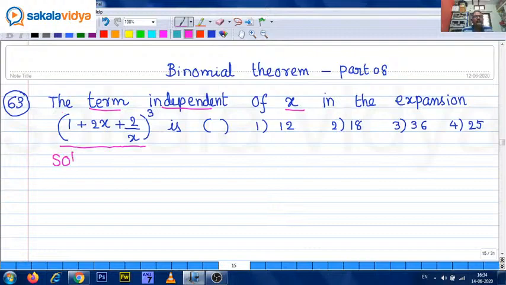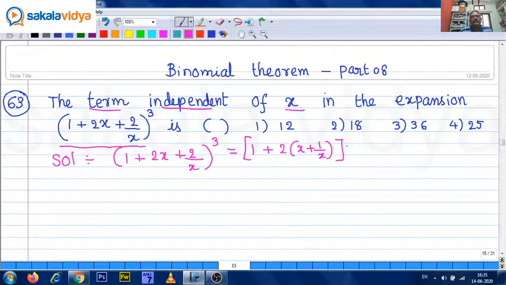Solution. This (1 + 2x + 2/x) whole cube can be written as (1 + 2(x + 1/x)) whole cube. This seems to be the (a + b) whole cube formula.